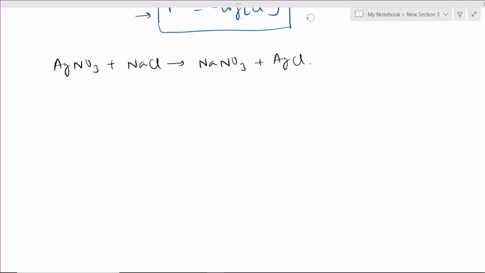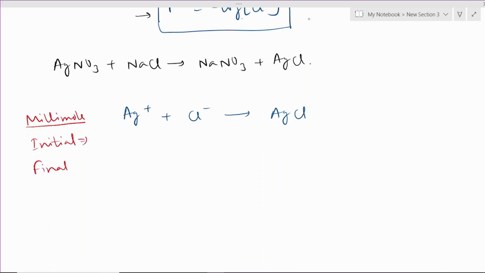So Ag+ plus Cl-, and we get AgCl. If we write millimoles here, that is initial millimole and final millimole, and 60 ml of 0.1 molar AgNO3 is added, so the millimole will be 60 into 0.1, that is 6, and the millimoles of chloride is, we have 50 ml of 0.1 molar NaCl solution, so millimoles of chloride ion will be 50 into 0.1, that is 5.